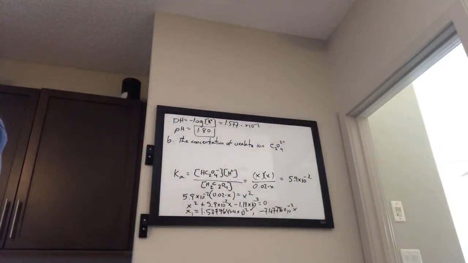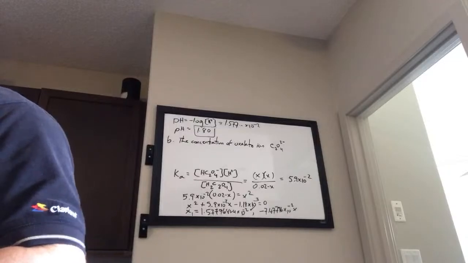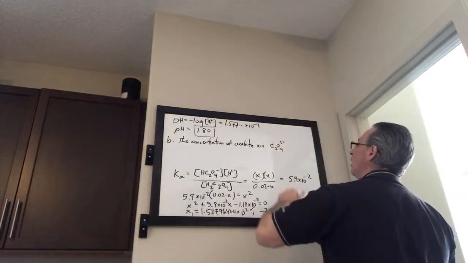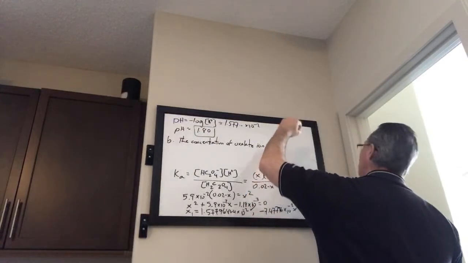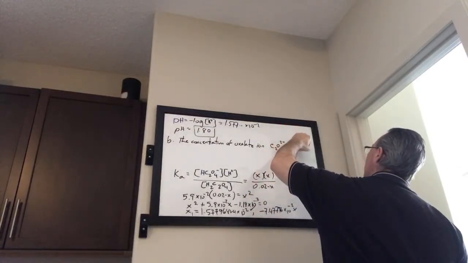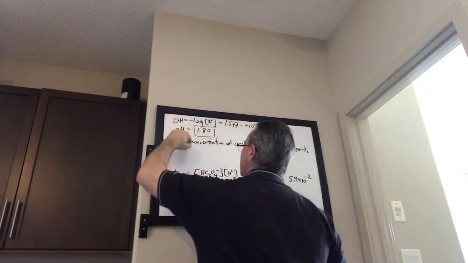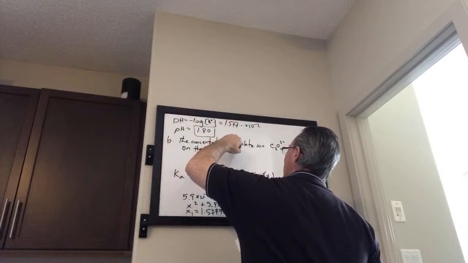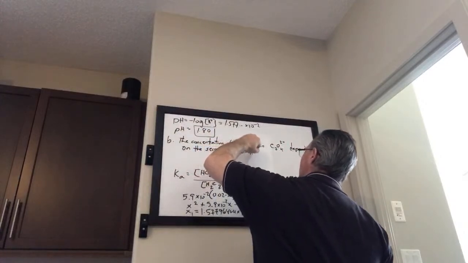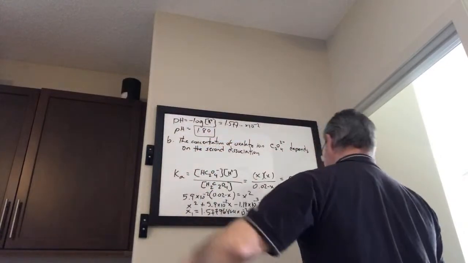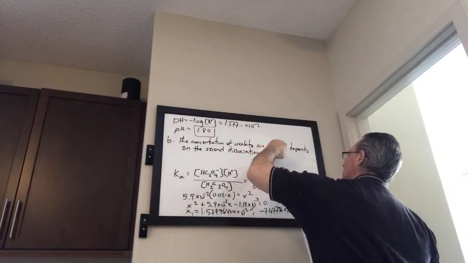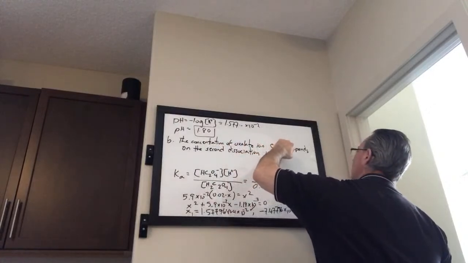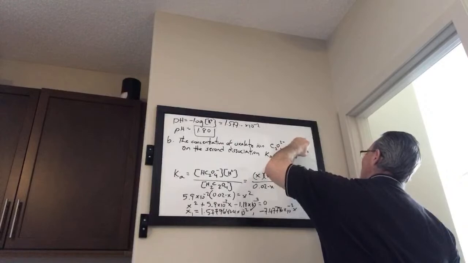So bonus for me. It depends on the second dissociation, which is K sub 2, and it is equal to 6.4 times 10 to the negative 5.